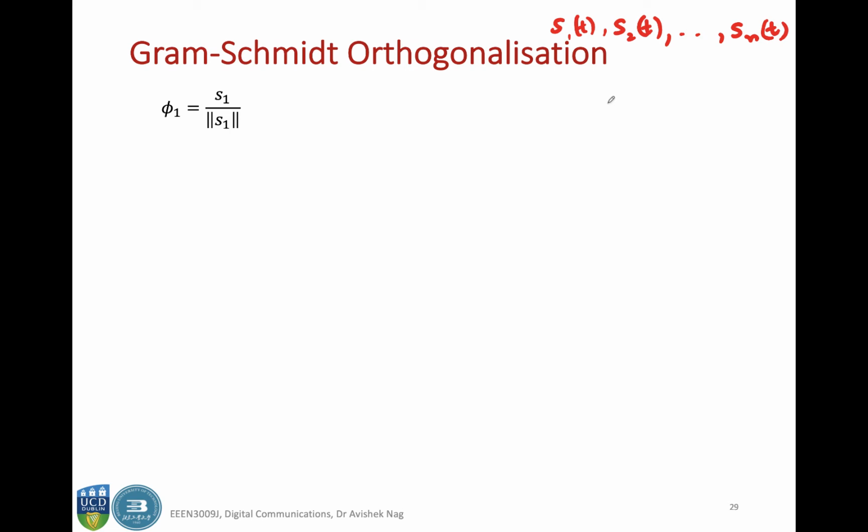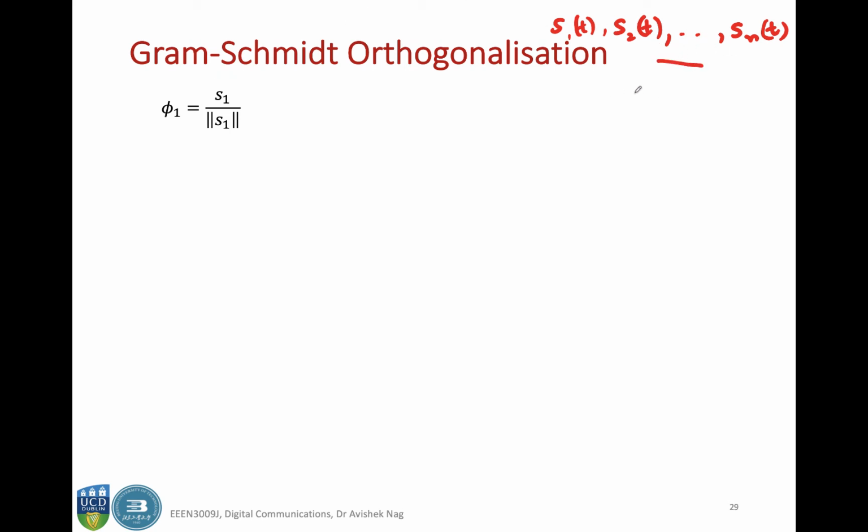The algorithm will stop when you have enough dimensions, phi1, phi2 up to phi n, which is complete or good enough to define these n signals.